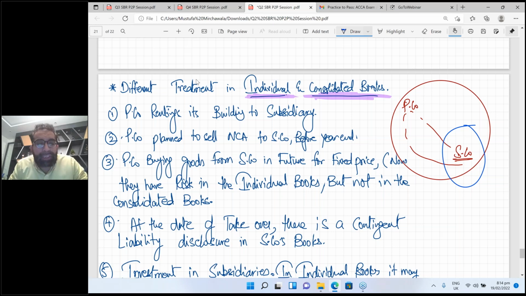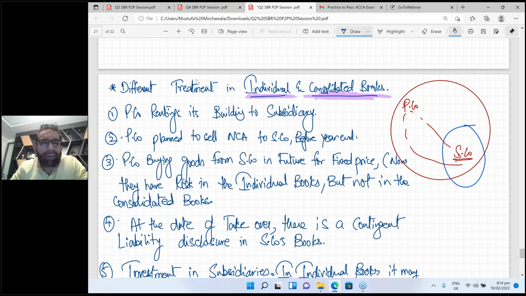But for the purpose of consolidation, whenever parent company acquires any company with contingent liability in its books, then according to IFRS 3, there is a requirement: you need to record this liability if the fair value of that liability is possible.